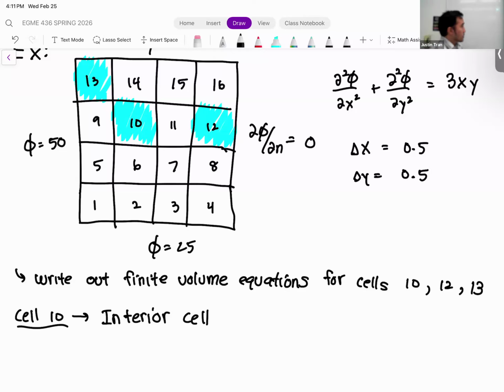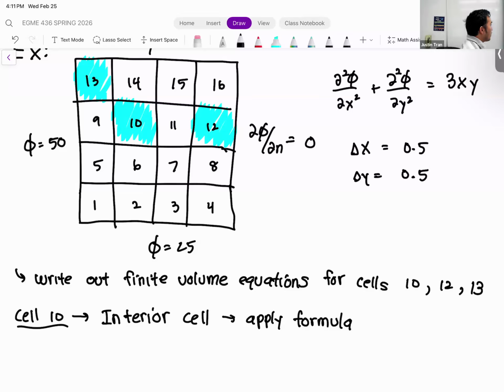Interior cells are great because we have a formula for that, and they basically all follow the same pattern. This is the formula we derived in the middle of class last time. With the boundary conditions, we can't really come up with a general formula; you have to do those one at a time.